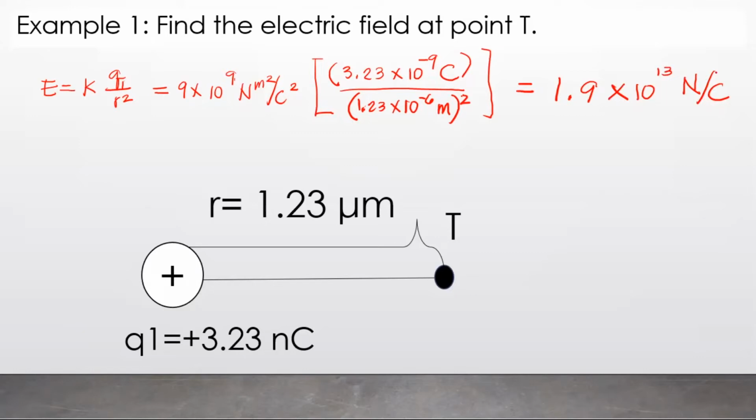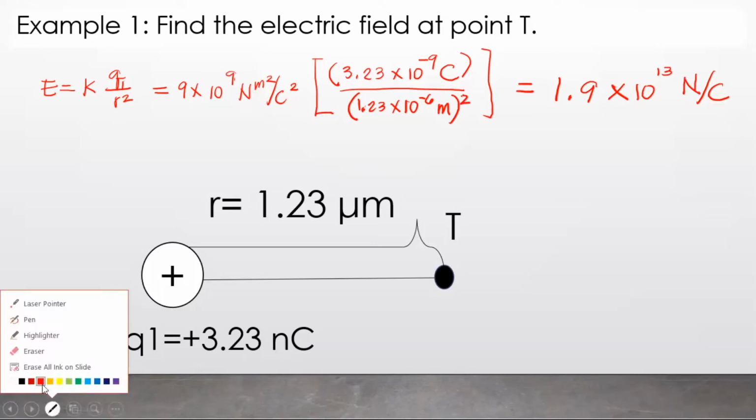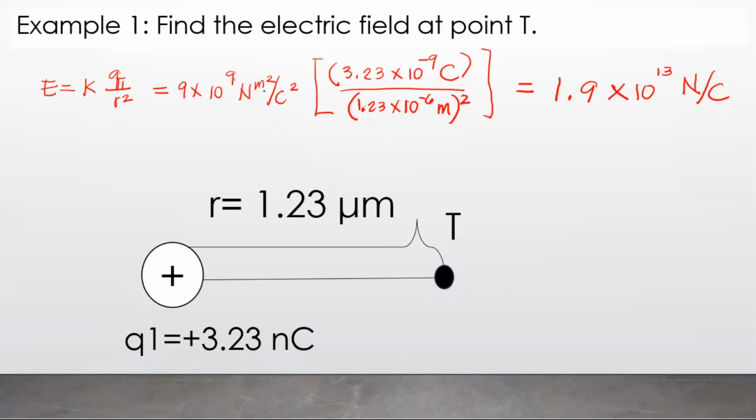If we look at the units given, the meter squared cancels with the meter squared in the denominator. We also have C squared and the C in the given Q, so one C cancels with the other, leaving coulomb. Therefore, the unit is newton per coulomb, which is the unit for electric field.